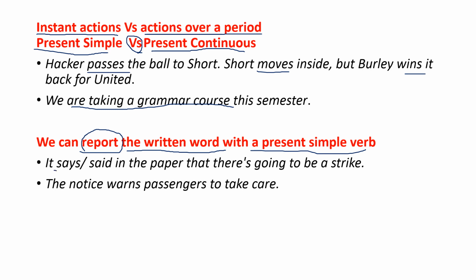When we say it says or it said, it is the same whether we use the present simple or the past simple in this case. So it says or it said in the paper that there is going to be a strike, or the notice warns. So warns here is a reporting verb. The notice warns passengers to take care.